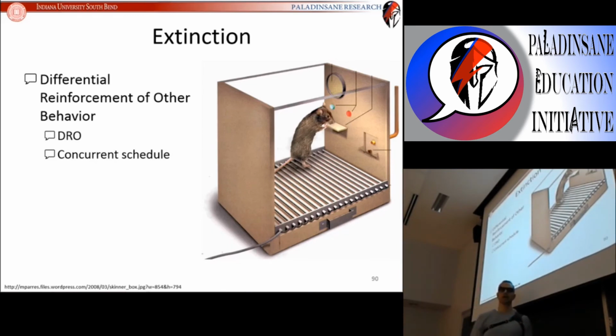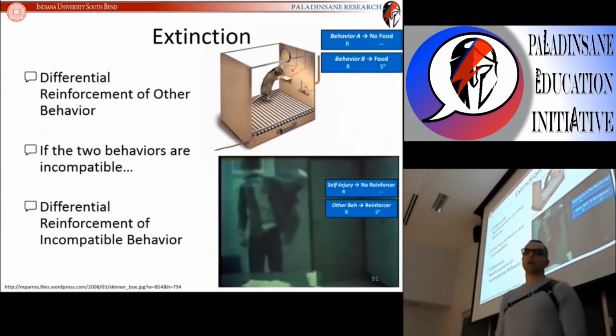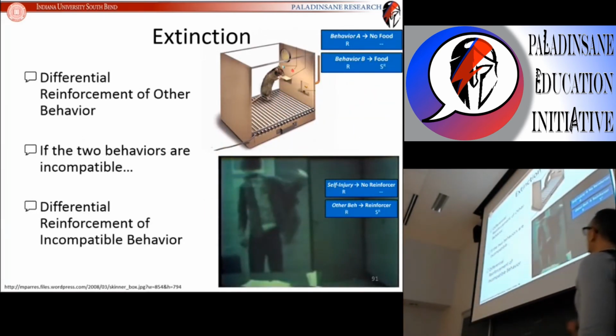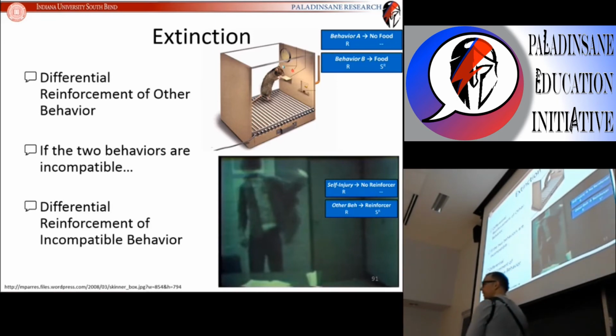And this is that concurrent schedule where you have an extinction schedule where Harry is no longer being reinforced for self-injury, but at the same time, you choose other behaviors that he does earn reinforcement for.